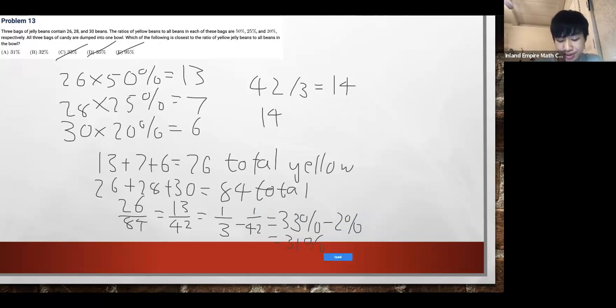And if you really want to be sure, 1 over 42 is actually slightly bigger than 2%. So even accounting for rounding error, it's going to go even lower, even less than what we estimated here. Okay, so the answer is going to be A.